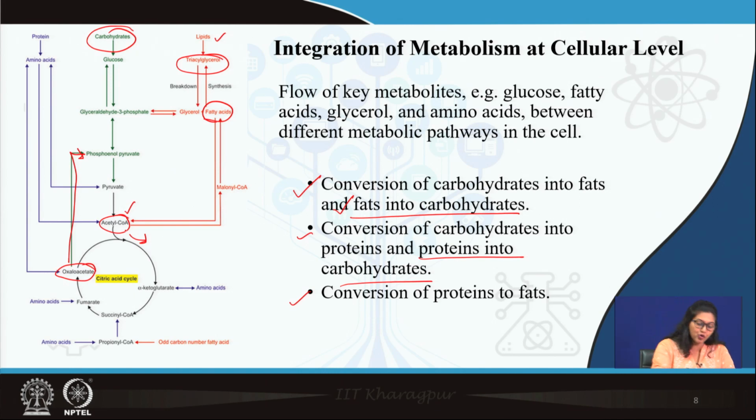Then also proteins, amino acids via gluconeogenesis can take part in formation of carbohydrate, whereas once again carbohydrate, pyruvate, oxaloacetate via transamination can form amino acids. So, these are the links between the biomolecules at the cellular level, that is cellular integration of metabolism.